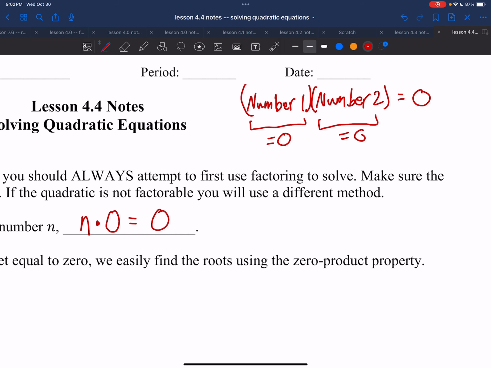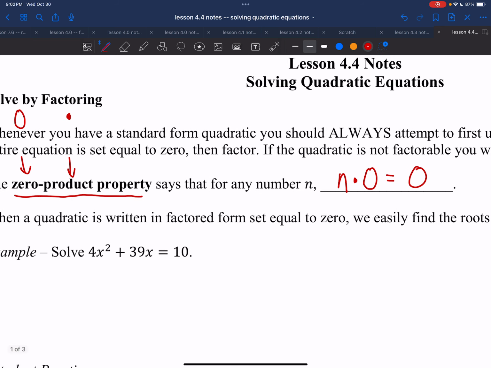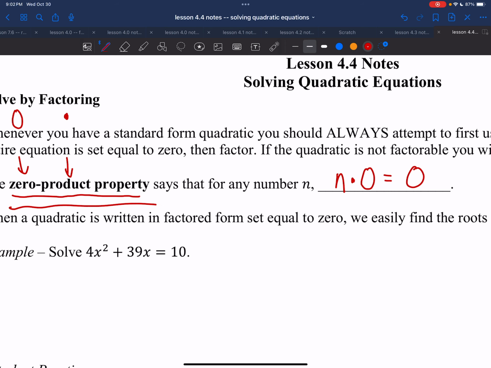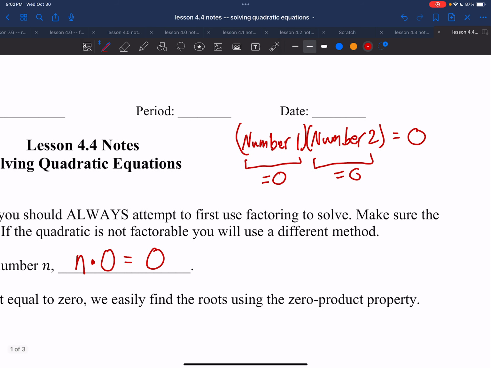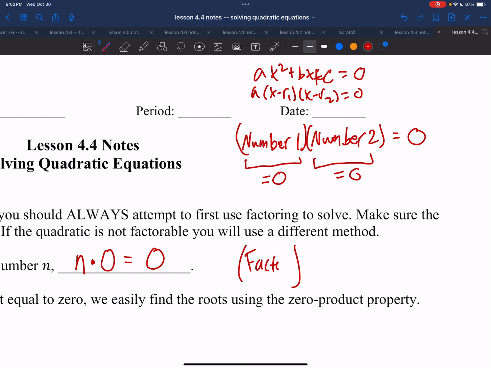And so this is what we're going to invoke when we use factored form. We use this zero product property because if you have a quadratic, ax squared plus bx plus c, and you set this equal to 0 and then factor it, which means you put it into factored form showing the roots like this, then essentially it's always going to boil down to factor 1 times factor 2 equals 0.